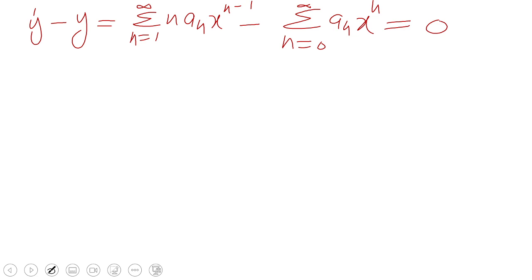Now we are rearranging the index here. We are putting n to be n plus 1 here.